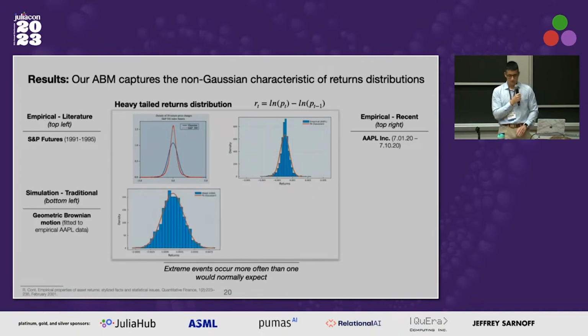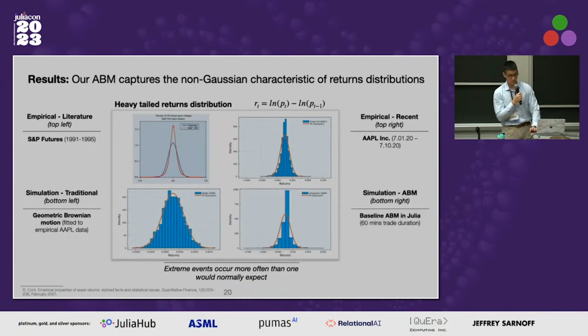I've included as a comparison something we've gotten from a traditional model, geometric Brownian motion, which is then fitted to the Apple data in the top right, and then what our simulation would get when it's removed from any sort of empirical data. We did not use any empirical data when generating these simulations. It's all from first principles in terms of representing the market as best we can, including these order types, the matching algorithms, order books, and then assuming just noise, essentially, for the actions taken here. And apparently this was enough to generate, at least, the heavy-tailed returns distribution, right?